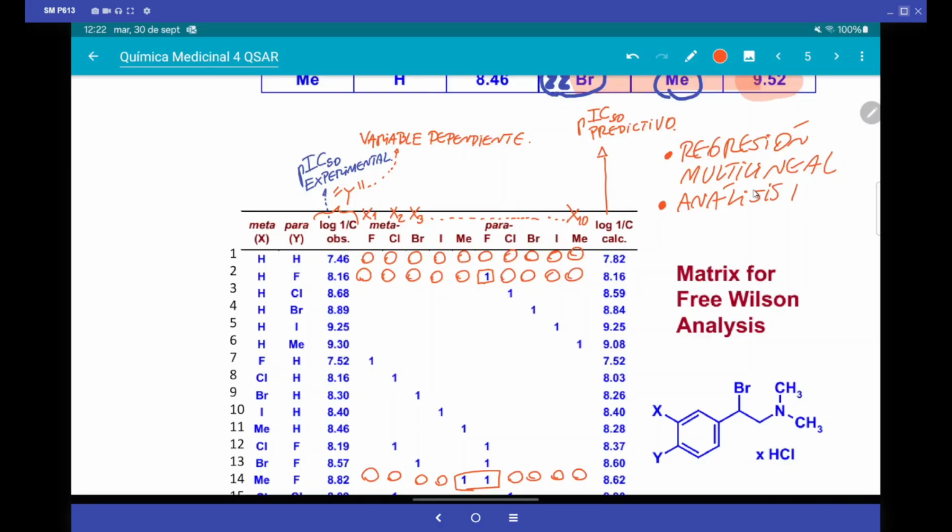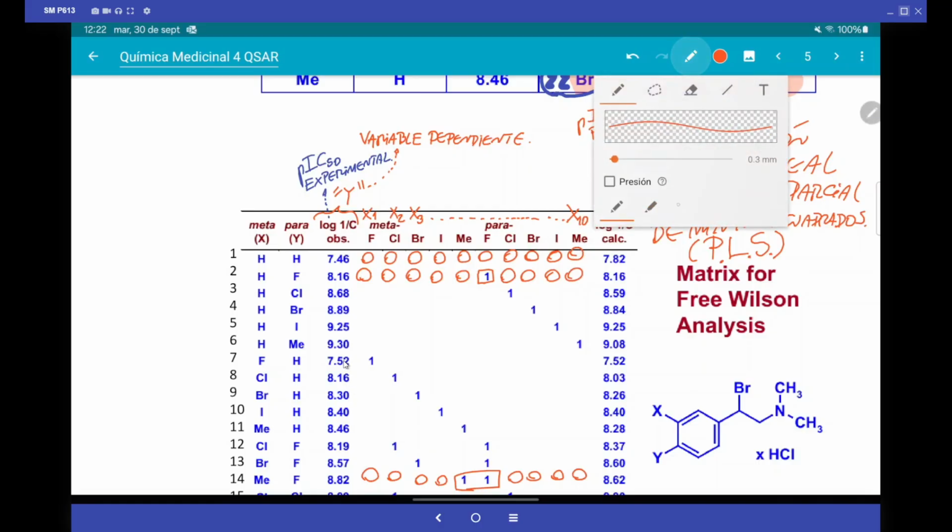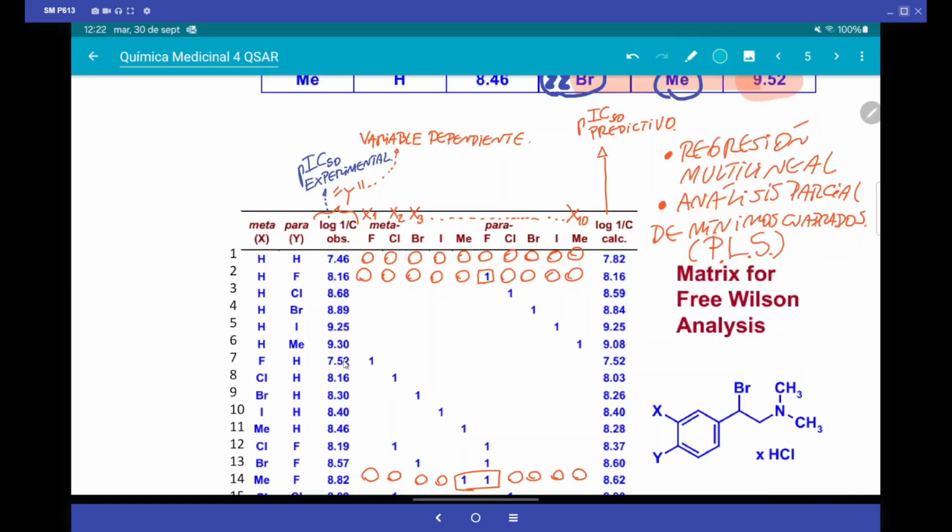If you have access to that statistic and want to use it, it is abbreviated as PLS. It serves when the database is extremely large and when the number of descriptors exceeds by much the number of biological activities, so be careful, it is not something you will use routinely.